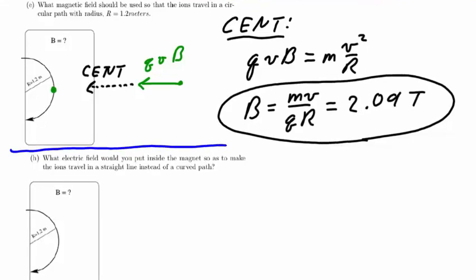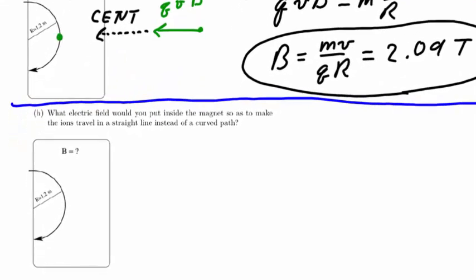Finally, in the last part of the problem, we are asked to do something rather clever. We're asked to apply an electric field such that the ions would travel in a straight line rather than a curved path. Well, as we recognize, in order for an object to travel in a straight line, we can do so by having a net force of 0.